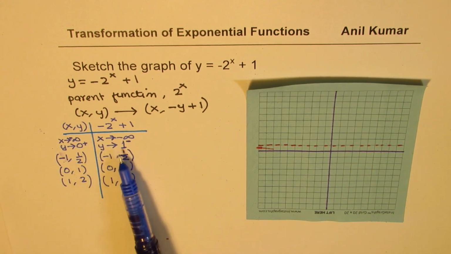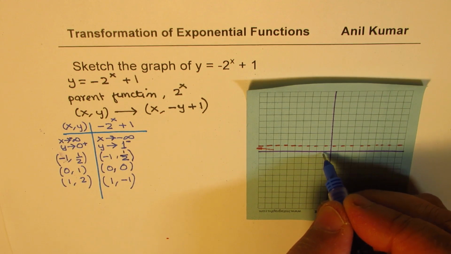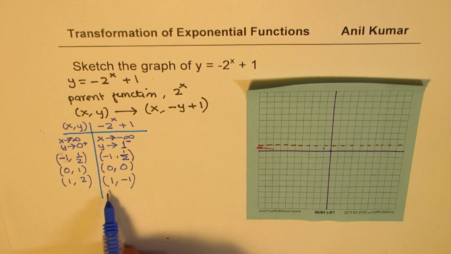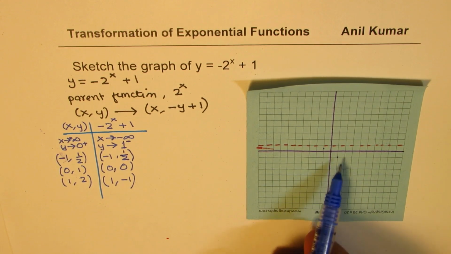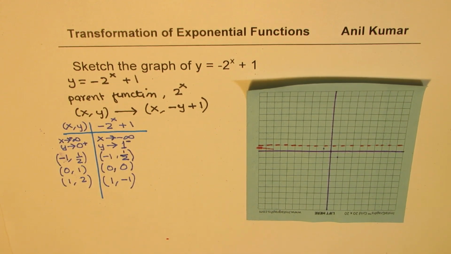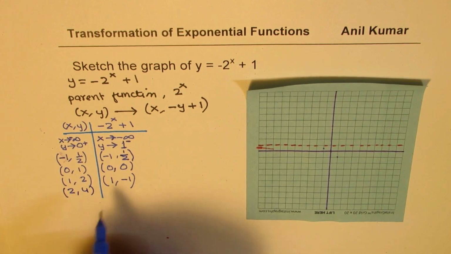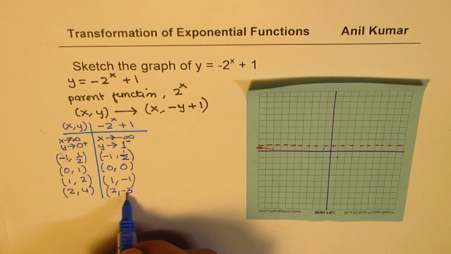So let's plot these points. At -1, the value is half, which is kind of here, right? At 0, 0, which is the origin, and at 1, we get -1. So these are the points which we get. Correct? At x equals 2, 2 squared will be 4, and here at x equals 2, we'll get -4 plus 1, which is -3.